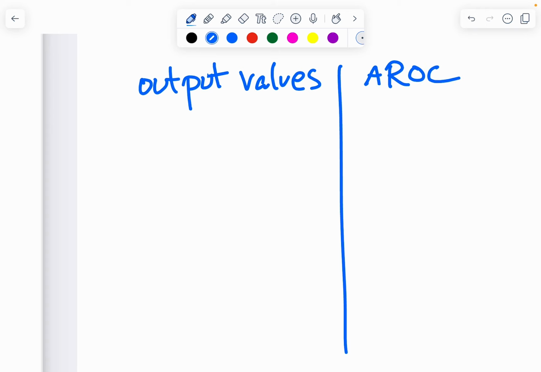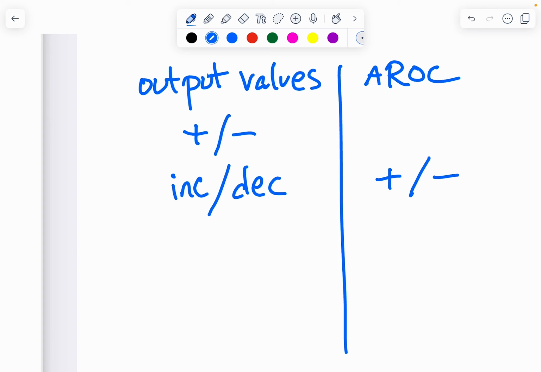Okay, so now your output values can be positive or negative, and that just tells you whether you're sitting above or below the x-axis. It tells you nothing about your average rate of change. If your output values are increasing or decreasing, that will tell you something about the average rate of change. When your output values are increasing, your average rate of change is positive. When your output values are decreasing, your average rate of change is negative.